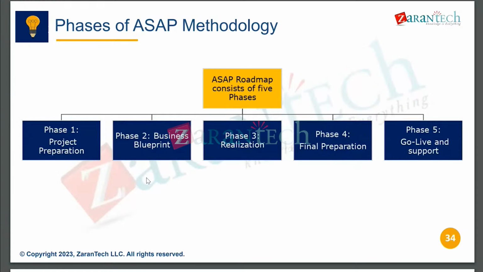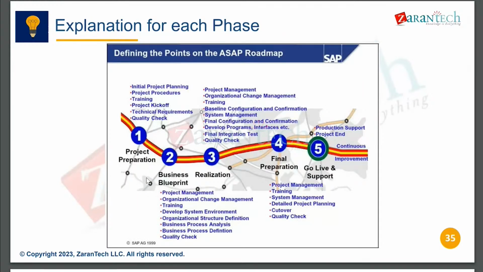Okay. So this is one roadmap, and this is by SAP AG only. First is project preparation, as we discussed: initial project planning and project approach. Training-relevant material and project kickoff presentations will be prepared there.